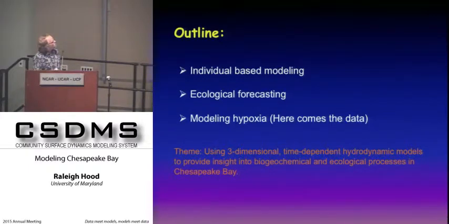And I'm going to be talking about some individual-based modeling approaches, and I'm sure most of you here have some sense of what I mean when I say that. I'm going to be talking about some of the work that we've done in terms of ecological forecasting in the Chesapeake Bay, trying to predict distributions and occurrences of species.